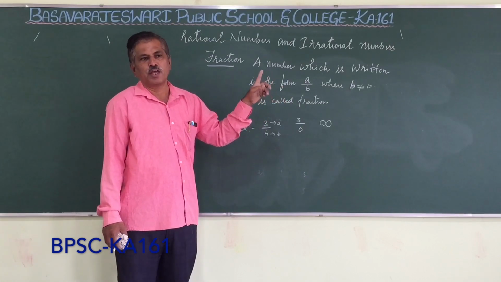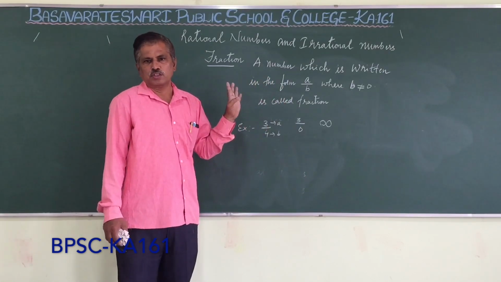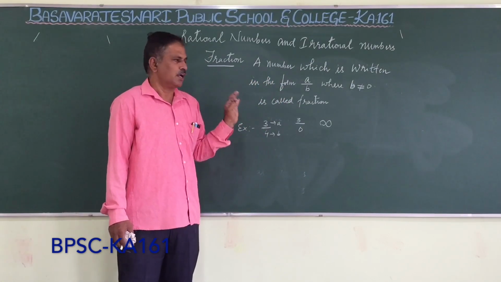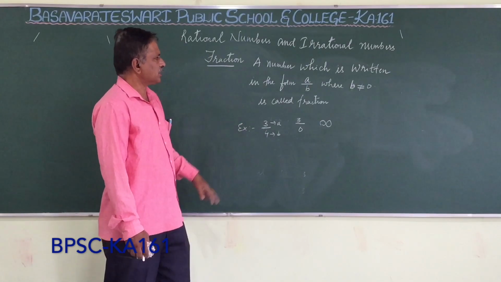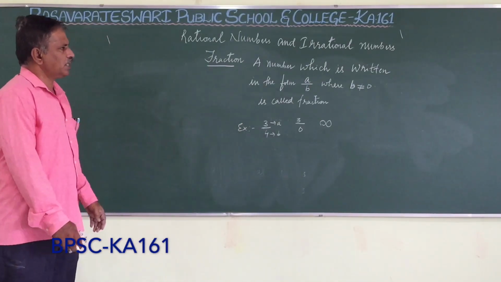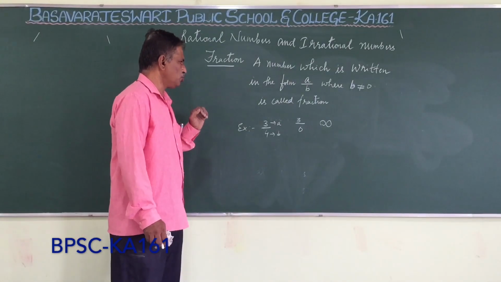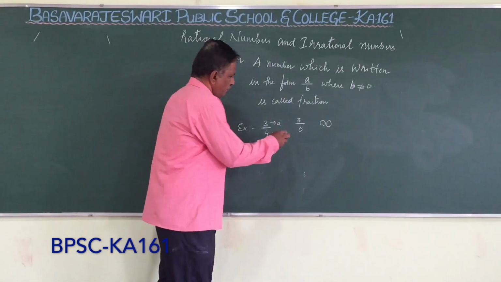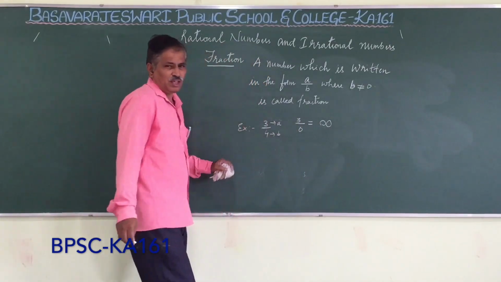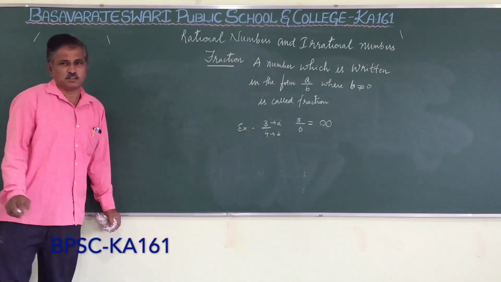Infinity is an indeterminate value, that means it is meaningless. Very clear. A fraction means a number which is written in the form of A by B, where B is not equal to 0.